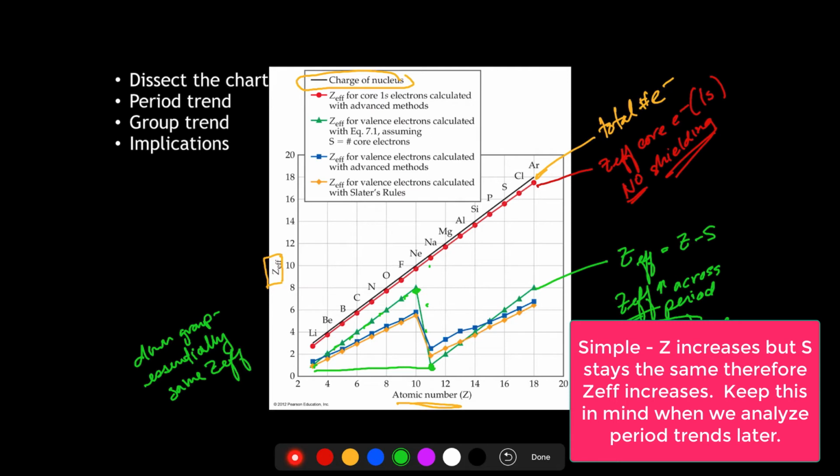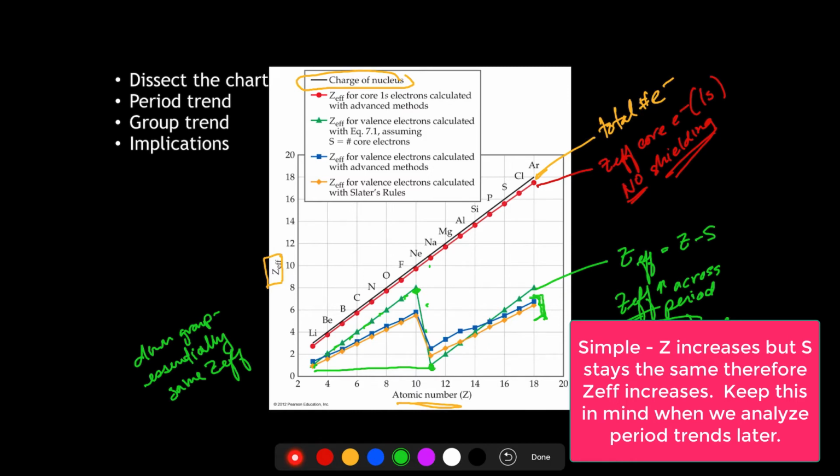Now, if you think back to your book, what did it say about Z effective down a group? If we pay attention to these more thoughtful approximations, Z effective down a group does increase because, going back to your book again, the larger and more diffuse electron clouds do not shield as well.